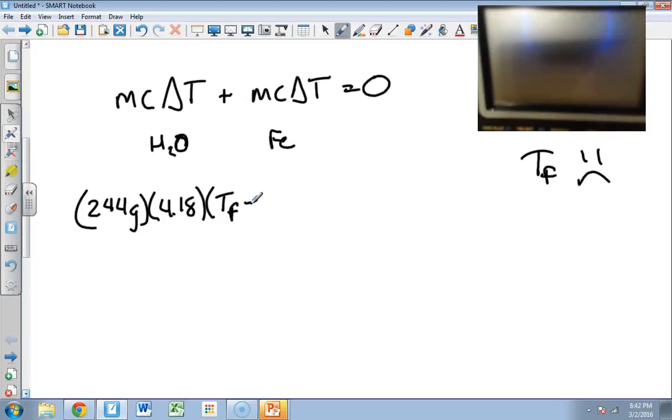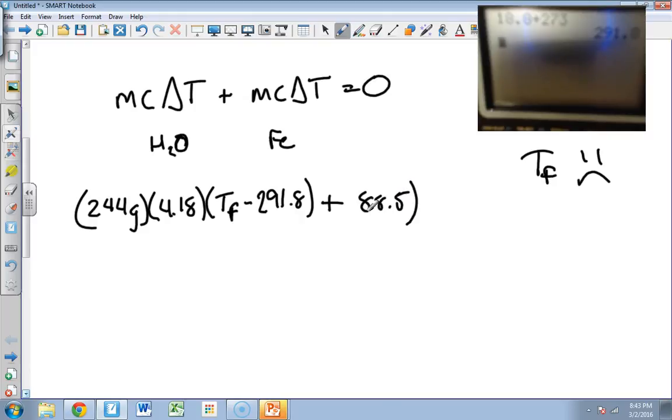And let's keep in mind that the initial temperature here, we have to have it in Kelvin. So 18.8 plus 273 is equal to 291.8.